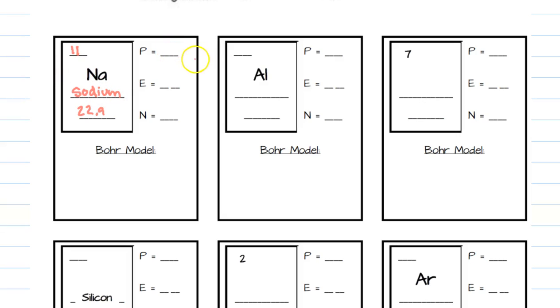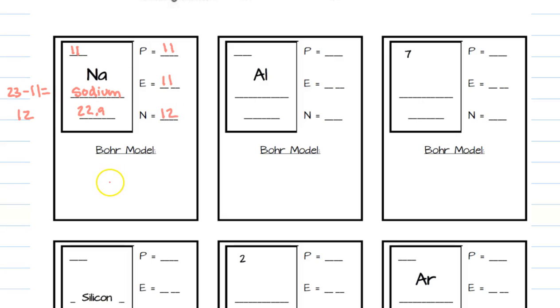The atomic number is going to be the number of protons and electrons, because these are going to be neutral. So I'm going to have 11 protons, 11 electrons. I'm going to round the atomic mass to a whole number. So 23 minus 11 is going to give me 12 neutrons.